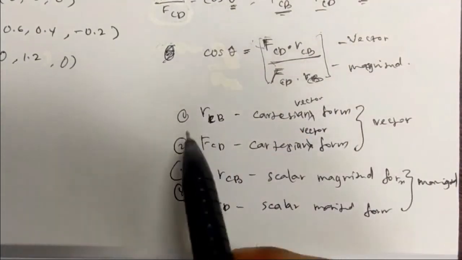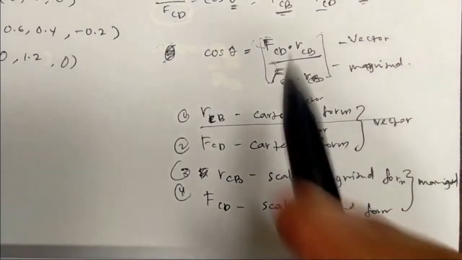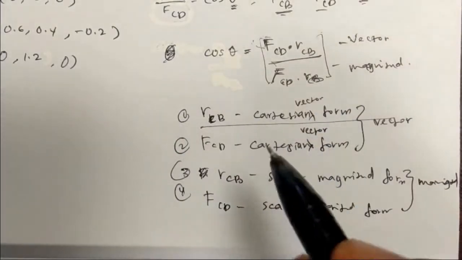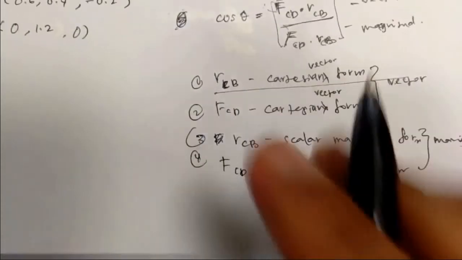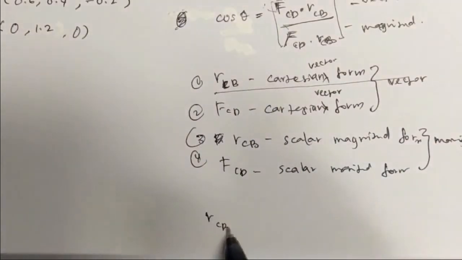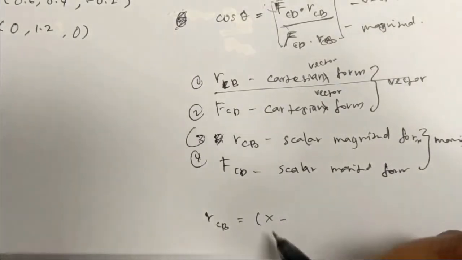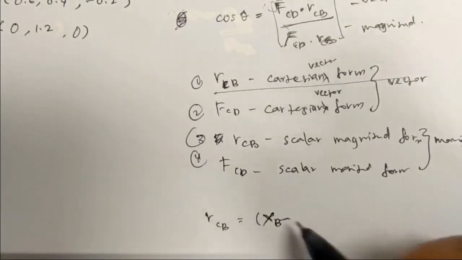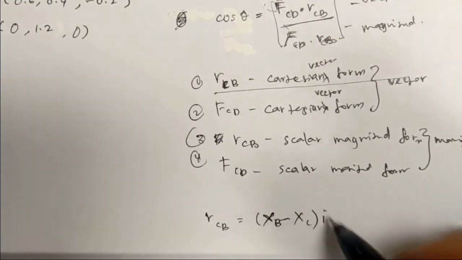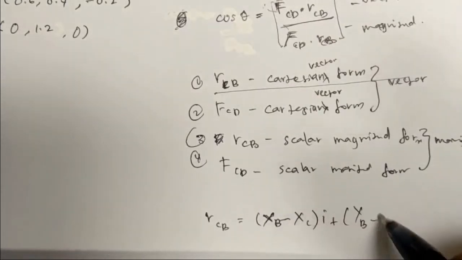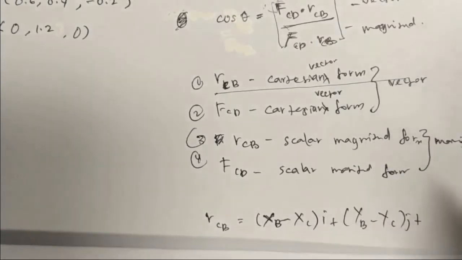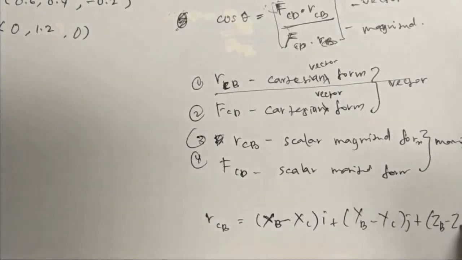So first we're going to get the RCB in Cartesian form. How do we do it? Still remember the vector position. So the vector position RCB is equal to (xb minus xc)i plus (yb minus yc)j plus (zb minus zc)k.